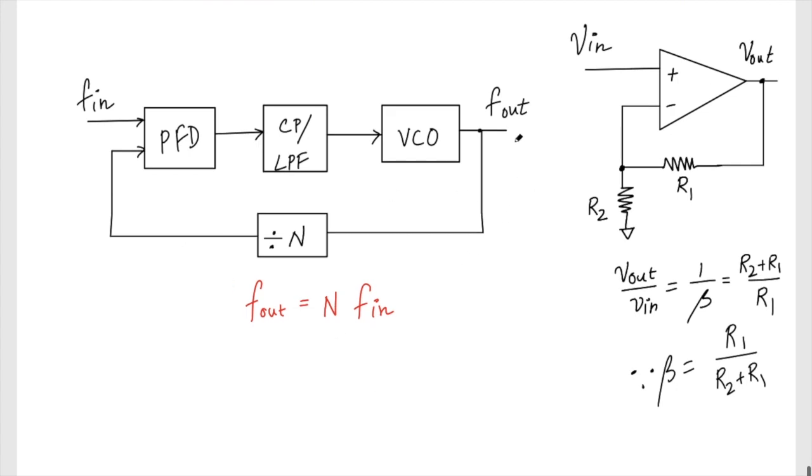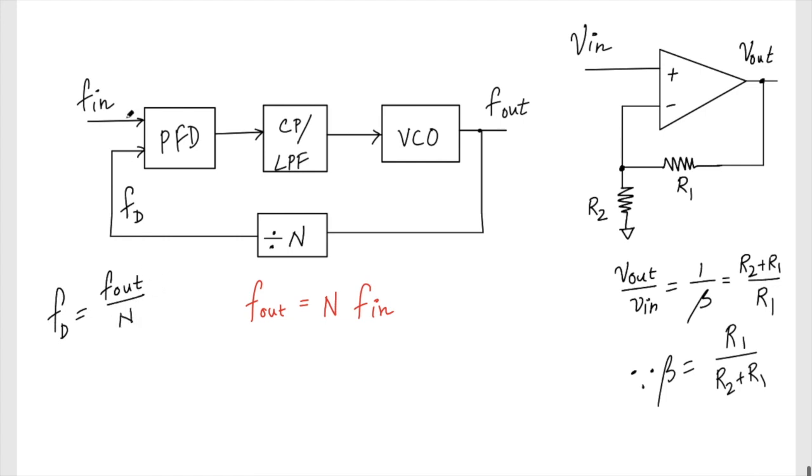If this is F out and I call this frequency FD, then FD will be equal to F out by N.